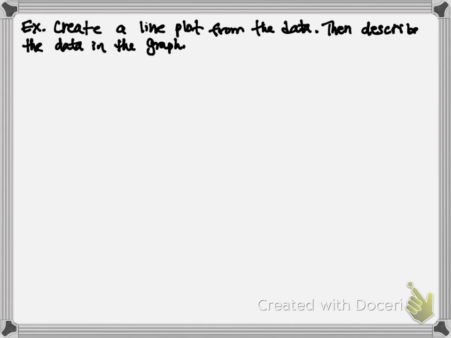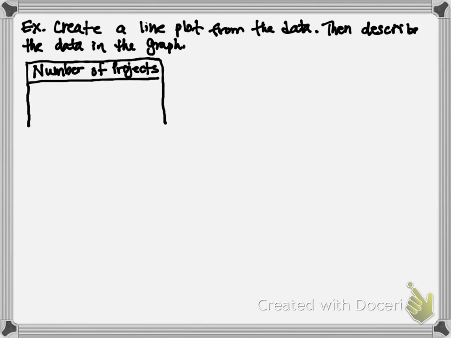Okay, so we're going to do a little table of values. Number of projects. Let's see, we've got 2, 4, 3, 3, 1. We've got 0, 5, 4, 2, 2.